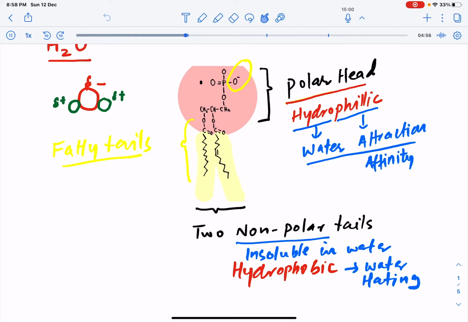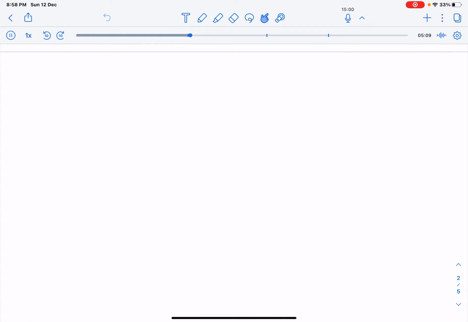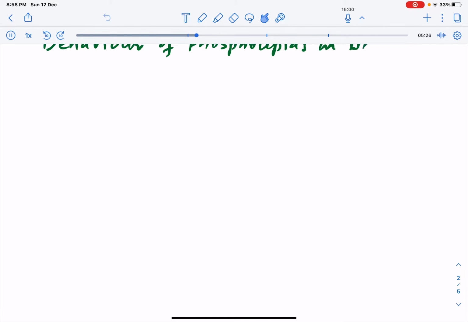So let's see, if we put a phospholipid molecule in water, how would it arrange itself? Let's see the behavior of phospholipids in water.